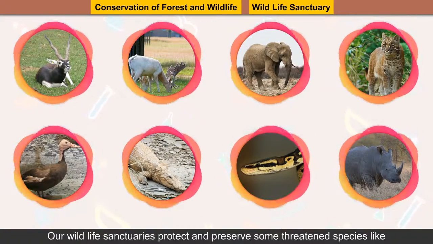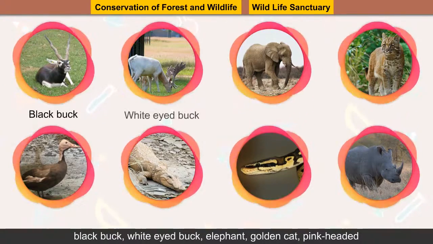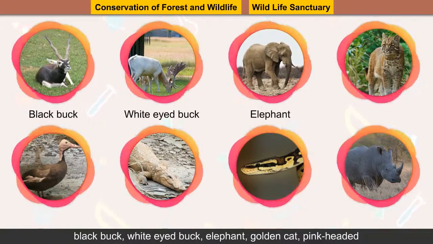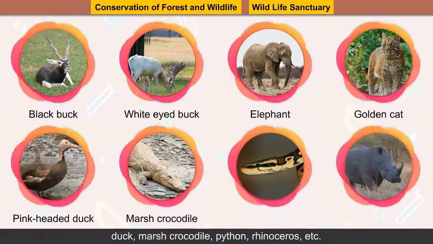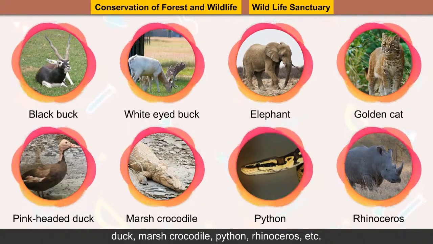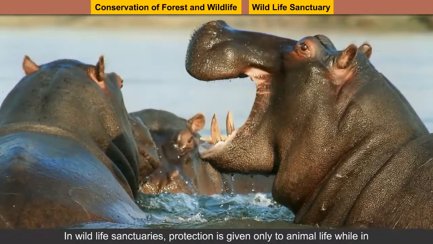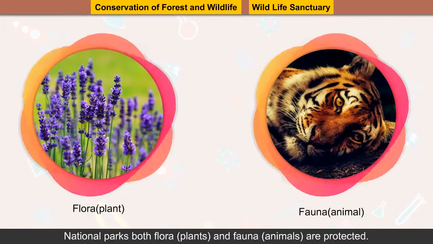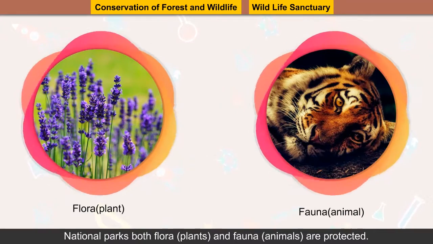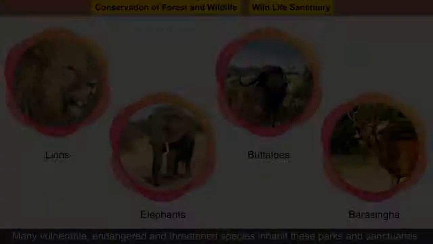Our wildlife sanctuaries protect and preserve some threatened species like black buck, white-eyed buck, elephant, golden cat, pink-headed duck, marsh crocodile, python, rhinoceros, etc. In wildlife sanctuaries, protection is given only to animal life, while in national parks, both flora, plants, and fauna, animals are protected.